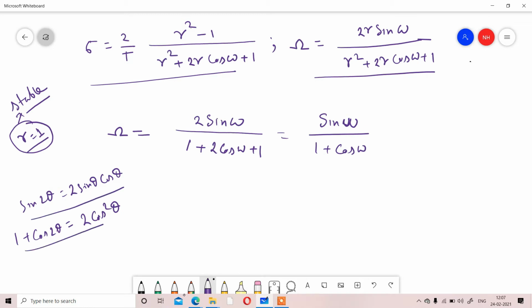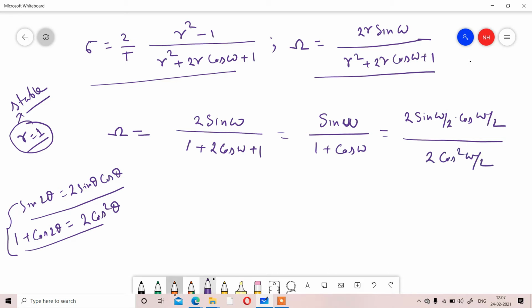That is the trigonometry rule. So if we use these two formulas here, sine omega will become 2 sine omega by 2 cos omega by 2, and 1 plus cos omega will be 2 cos square omega by 2.